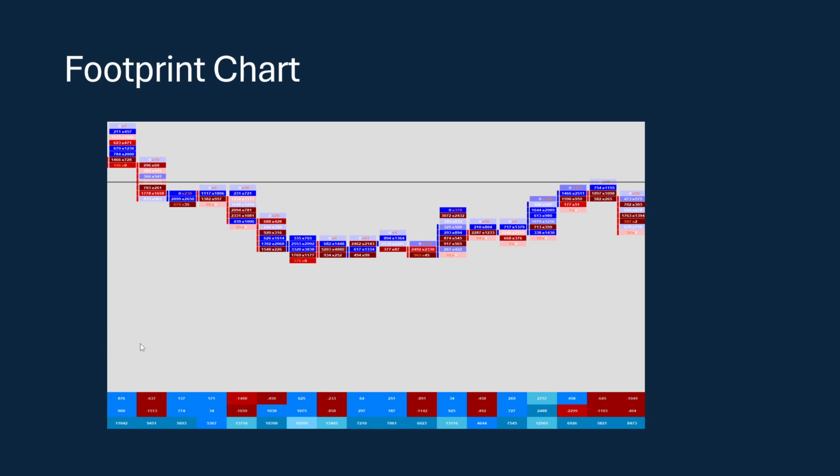And that's why it's pretty important to look at the footprint chart. Then on the next candle right here, we still saw some absorption at 48s and 47s, and still a small amount of delta, 171 delta, okay?